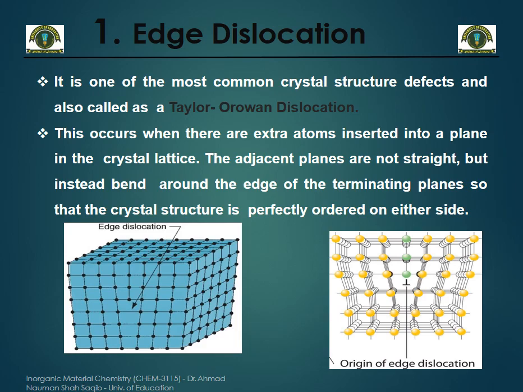The adjacent atoms are bent due to these inserted atoms, and as a result the crystalline structure is defected. The adjacent planes are not straight, as you can see there. The adjacent atoms are not straight, but instead bend around the edge of terminating planes, so that the crystal structure is perfectly ordered on either side.